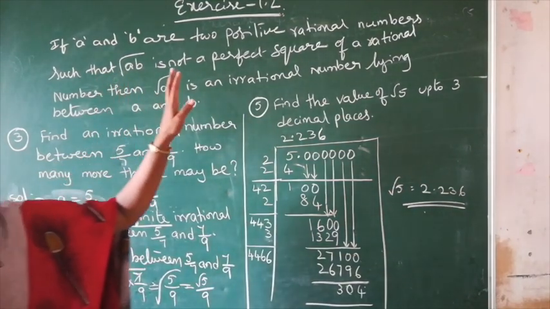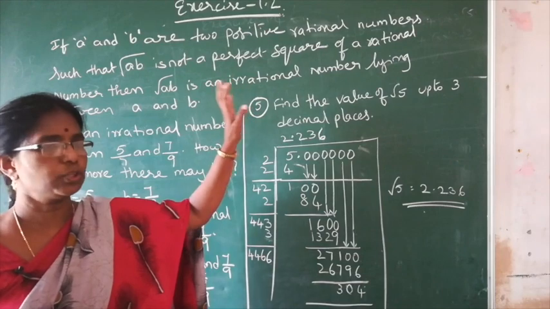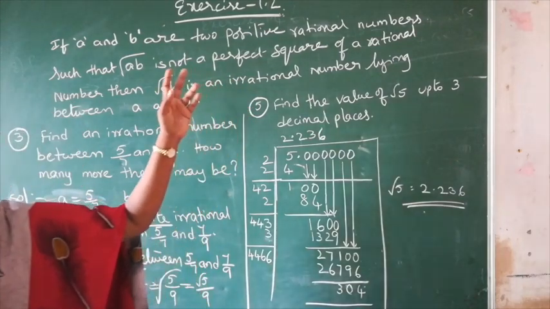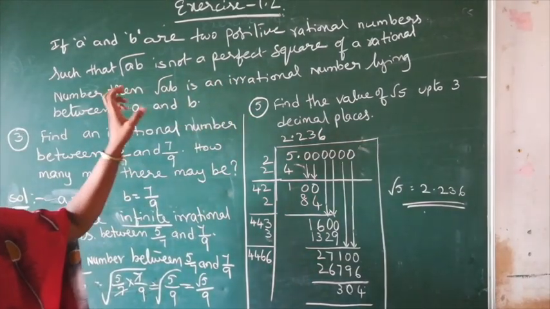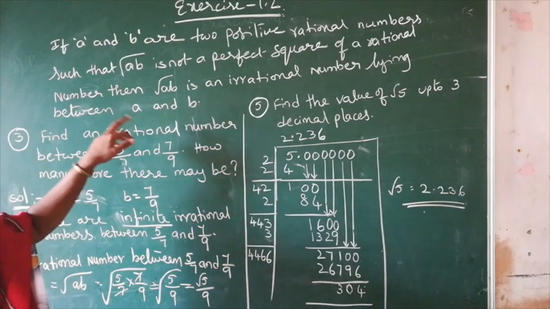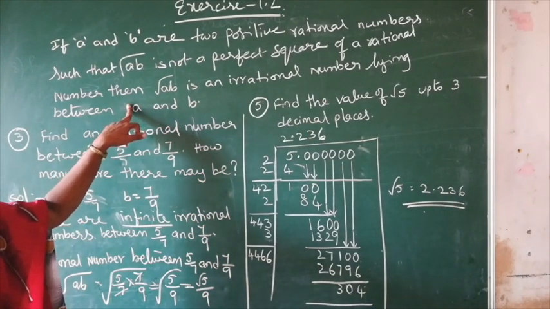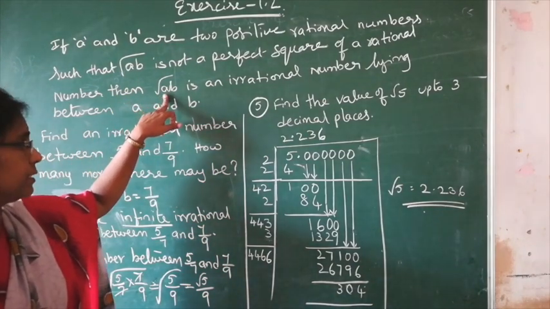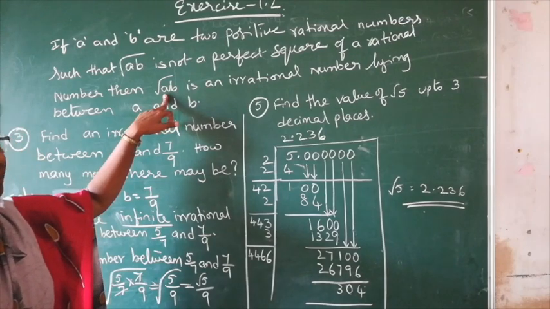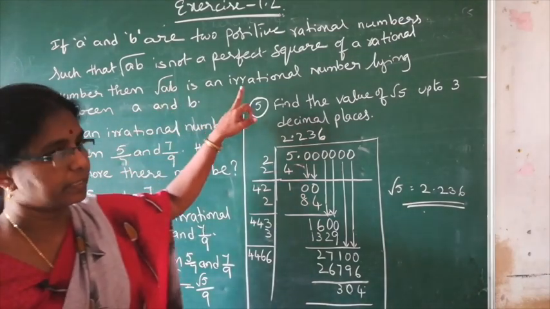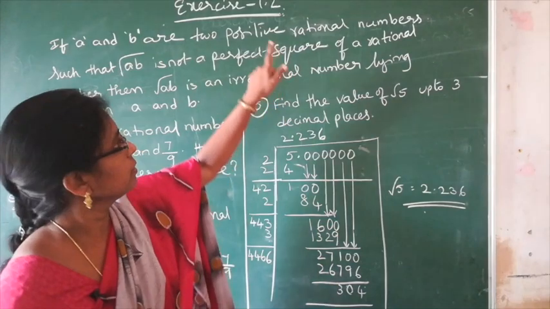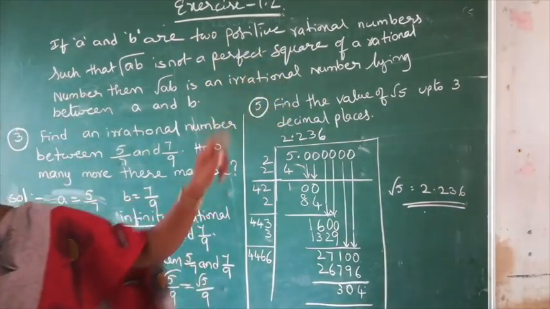Suppose 7 and 3. 7 3s are 21. Under root, 21 is not a perfect square, so that number is an irrational number. Then that irrational number root 21 lies between 3 and 7.